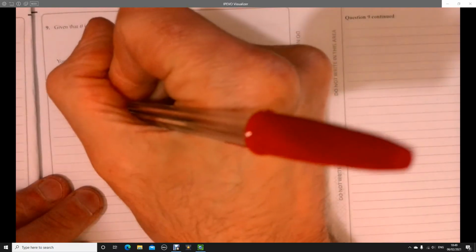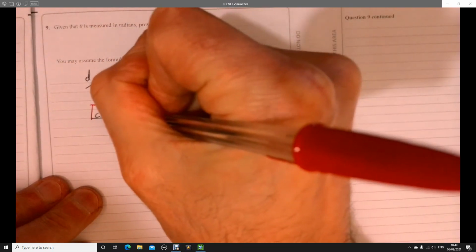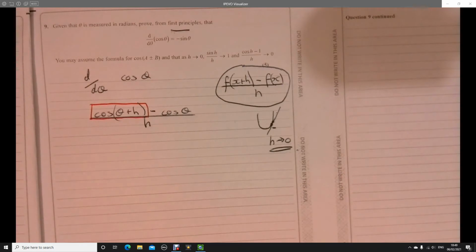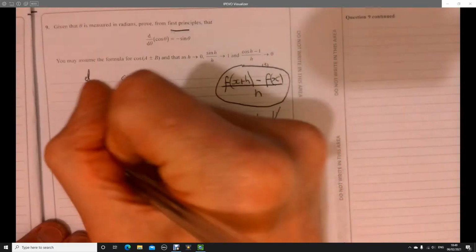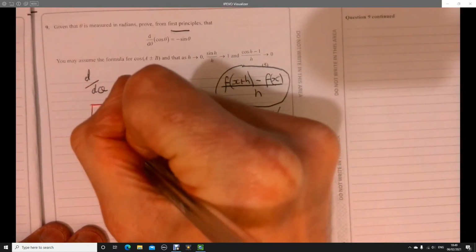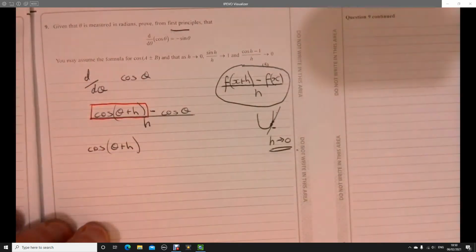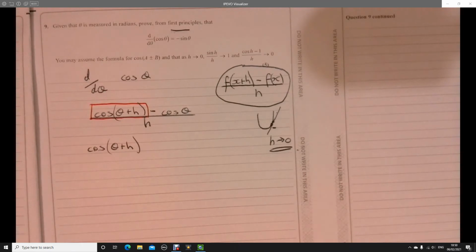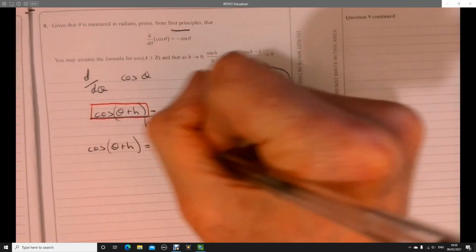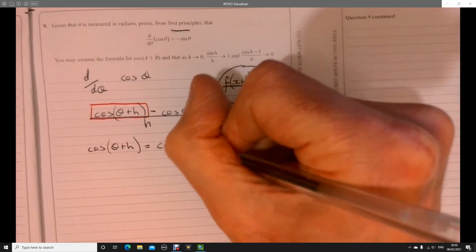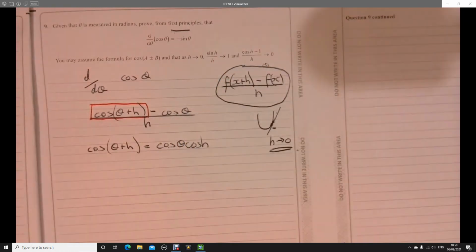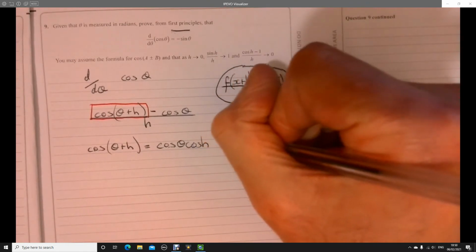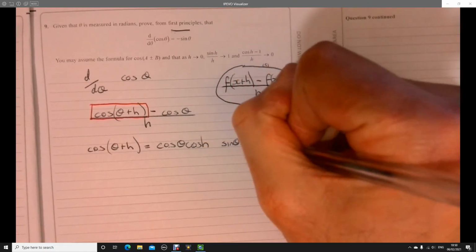Now we should also know our addition formulae. So if we look at our addition formulae, cos theta plus h. Now you'll see this is cos A plus B, and that's equal to cos theta cos h, and then a takeaway, sine theta sine h.